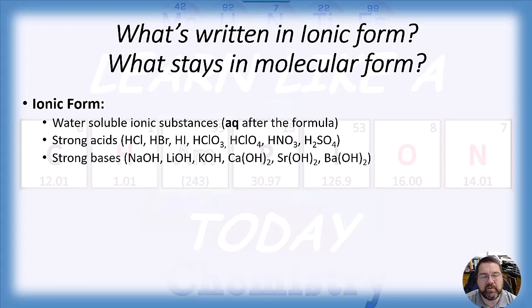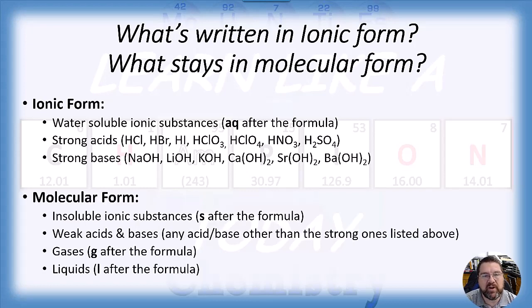If they're ionic substances, again, you can consult the solubility rules just to verify that, in fact, they are water-soluble. Things that are considered to be strong acids, you had 3 strong binary acids and then a handful of strong ternary acids, will be written in ionic form.